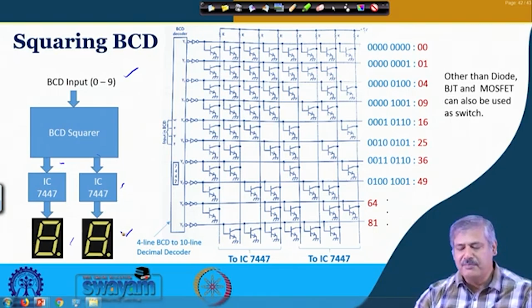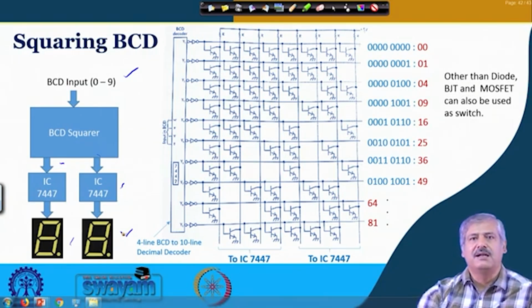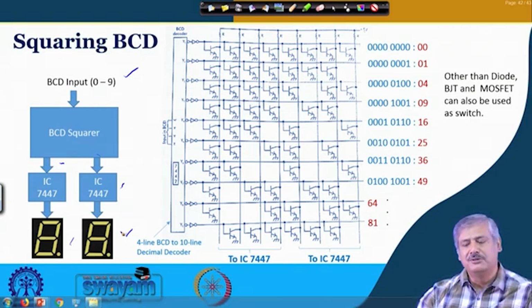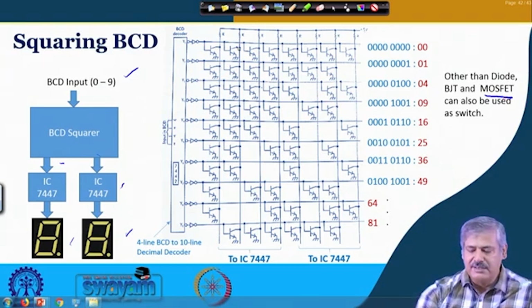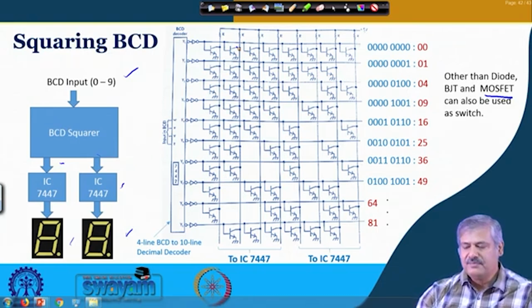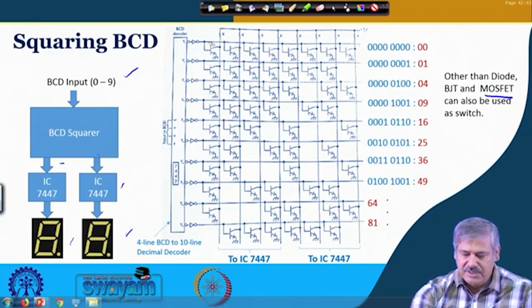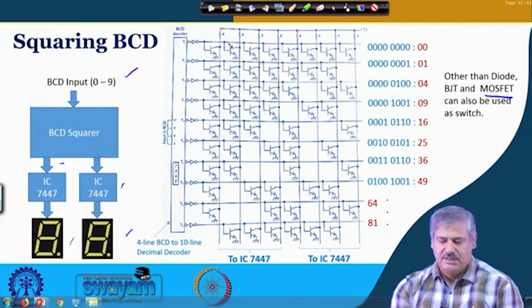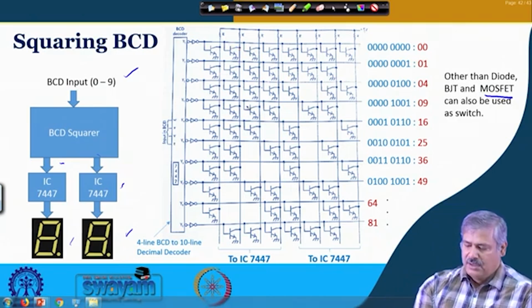In this example we show that the connection at the cross point is made through a transistor, a BJT, instead of a diode. That is also possible, and it can be done through a MOSFET also. This is 5 volt.